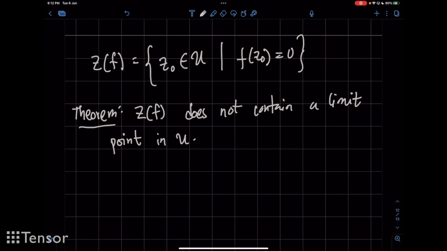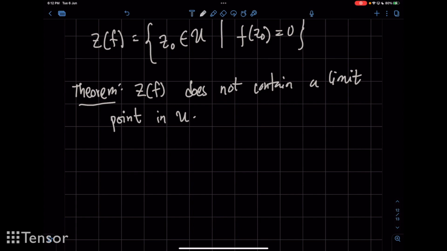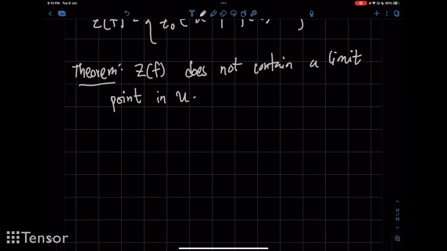If we form a sequence out of the elements of Z of f, and we need it to be an eventually non-constant sequence, so we can ignore the constant sequences. So if we form a non-constant sequence out of the elements of Z of f, and the sequence converges, the converging point is not in U. All those converging points are called the limit points.